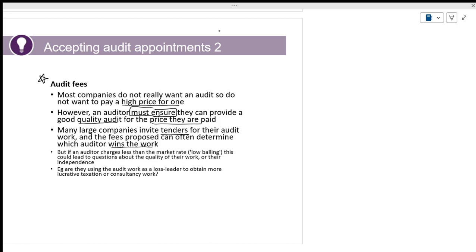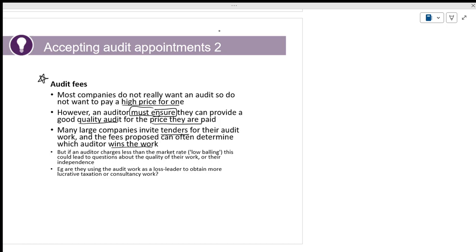Now, coming back to this, is it right? See, fee is a very contentious issue, which will always be a point of debate.